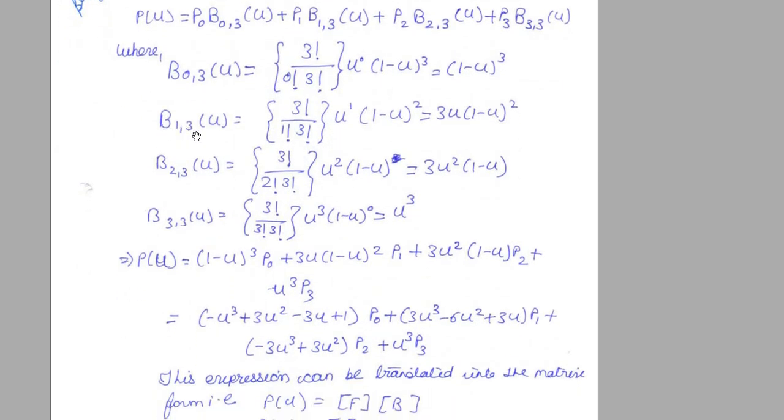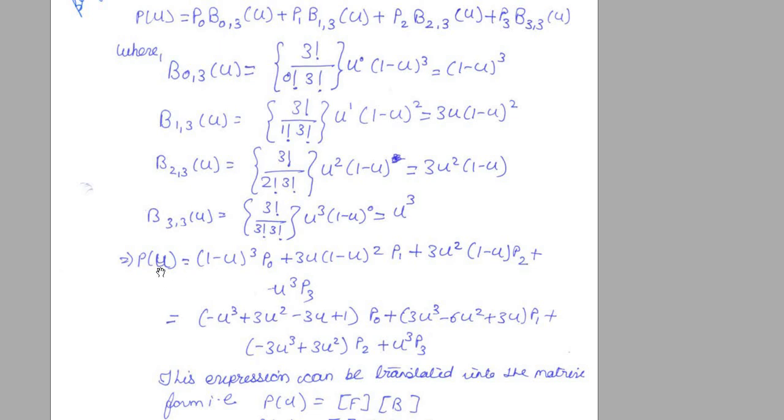Similarly, we will calculate B_{1,3} of u. It is represented by 3u (1 minus u)^2. B_{2,3} of u is represented by 3u^2 (1 minus u), and B_{3,3} is represented by u^3. Now we put all these blending function values in the above equation.